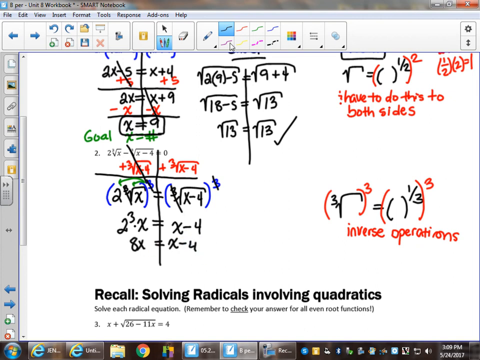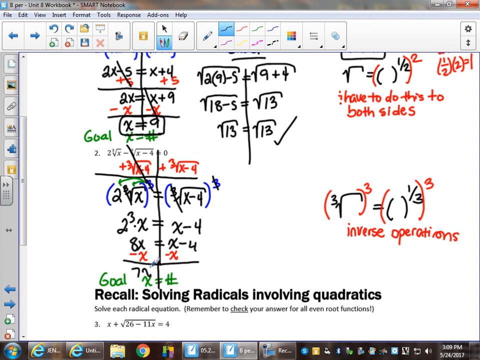Again, we have variables on both sides of the equation, so once more we will have a goal of x equals a number. When I look on the left, 8x, that's fine because I want x's on the left. But on the right side, I just want numbers. This variable x can't stay. So I will subtract x from both sides.